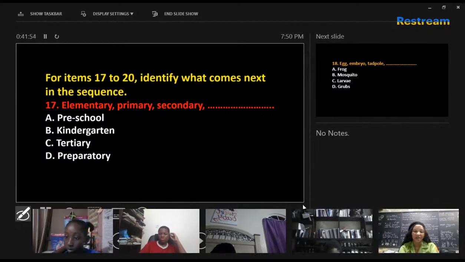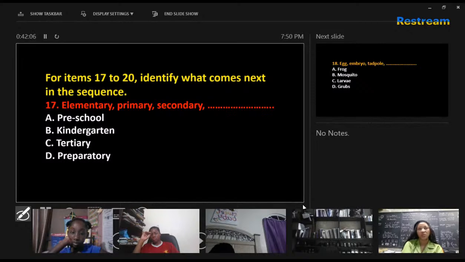So the levels there, the elementary level would be from, let's say, ages what we would call kindergarten. So elementary and kindergarten would be on par, or what we in Jamaica call basic school, and then you go on to the primary school.